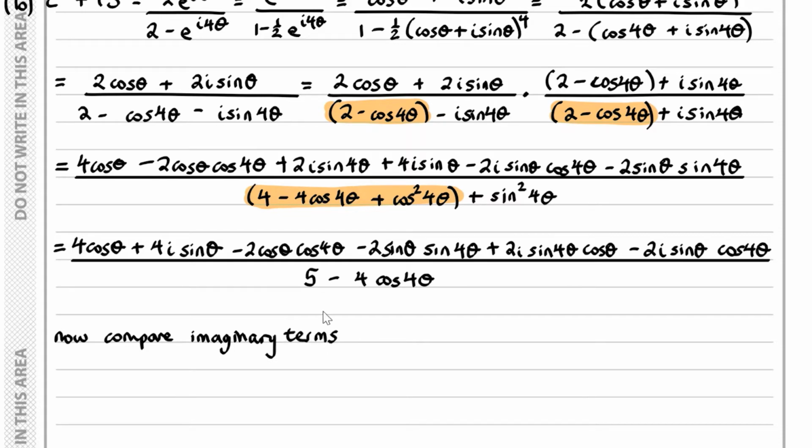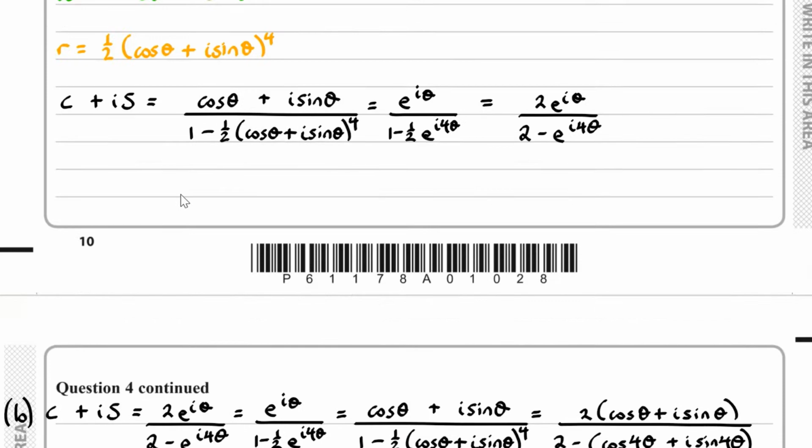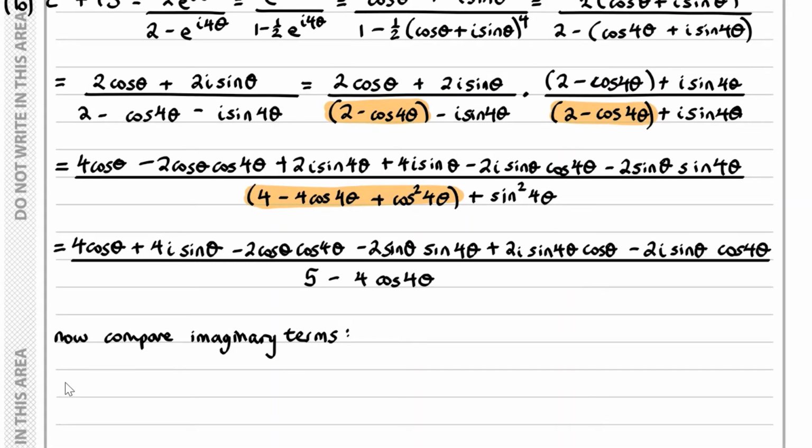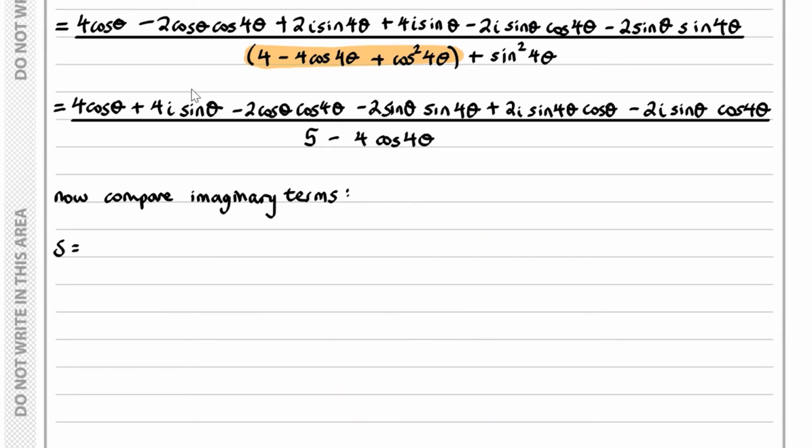Okay, so on the left hand side, of course, we'll just have this s, and everything that contains an imaginary term, we have this bit, and then we have this bit, and then we also have this bit over here.